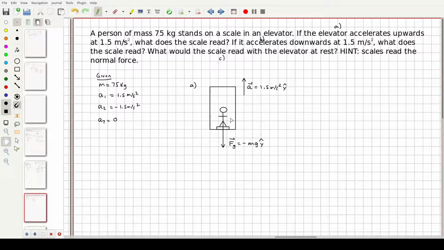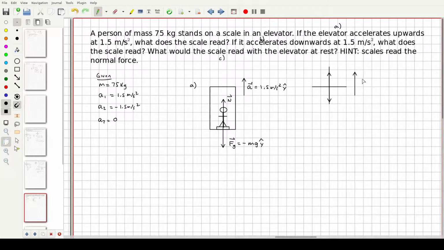If you look at this person, you'll also notice that because they're standing on the scale, the scale is pushing back on them. There's a normal force like that. So if I were to draw a force diagram on this person inside the elevator, there's a normal force that's up and a weight that's down. But I'm going to put off here on the side the fact that the net motion is upwards, so that's where your acceleration is.